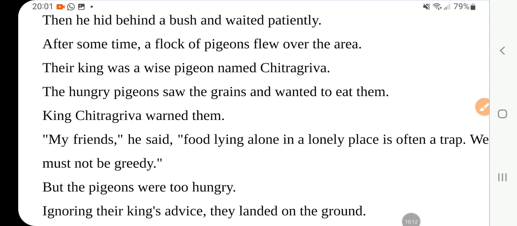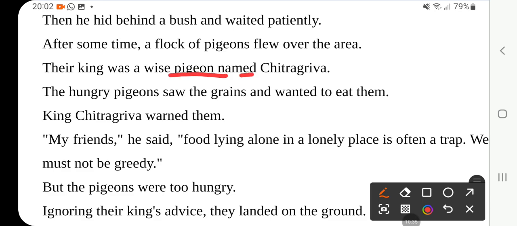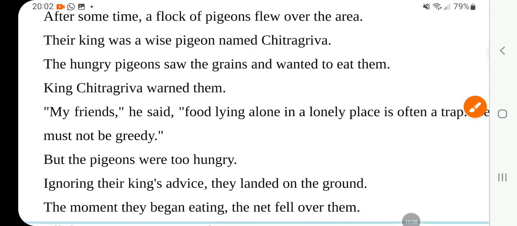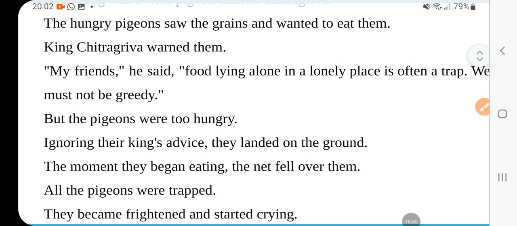Now, after some time, a flock of pigeons flew over the area. Their king was a wise pigeon named Chitragriva. The hungry pigeons saw the grains and wanted to eat them.